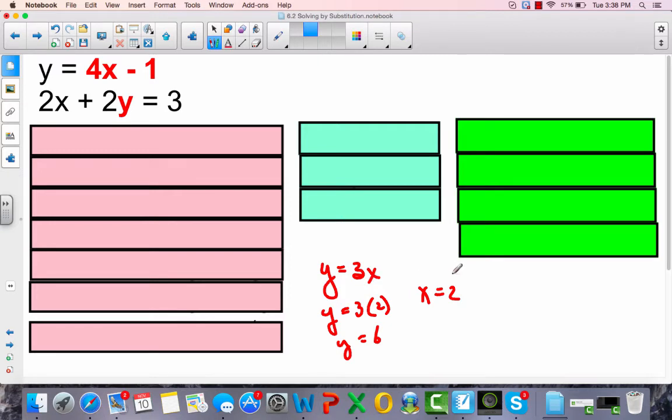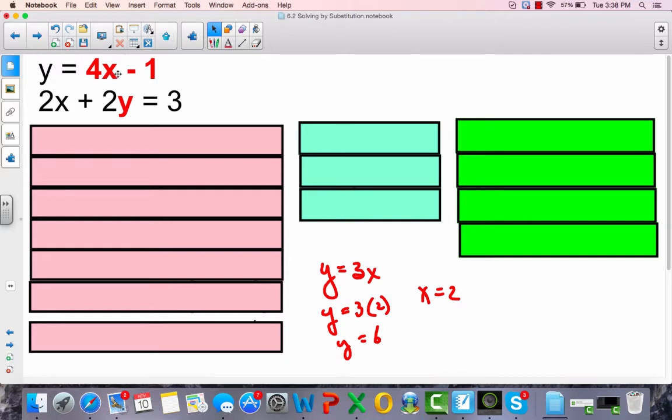Well, you're going to be doing the same thing now, except with linear equations. So let's look at this one right here. I tell you that y is 4x minus 1, the same way that I told you down here that x is equal to 2. I'm telling you what y is, and instead of just a number like 2, I'm telling you that it's 4x minus 1.